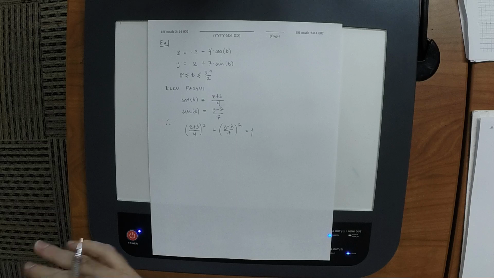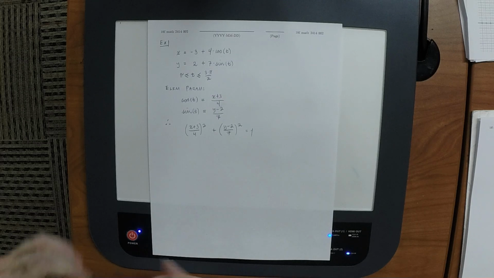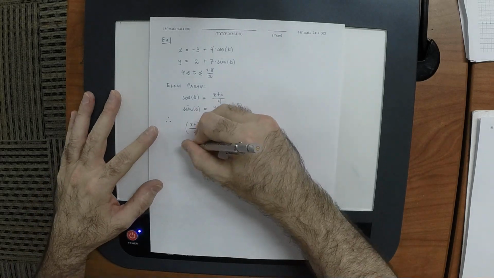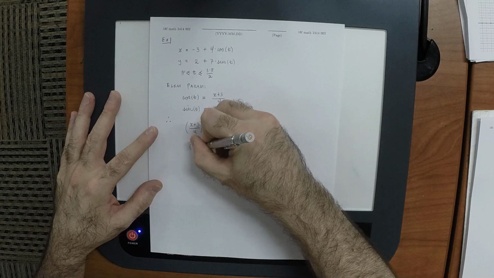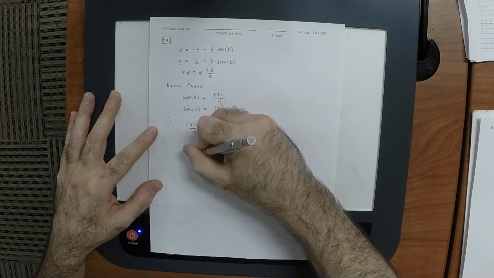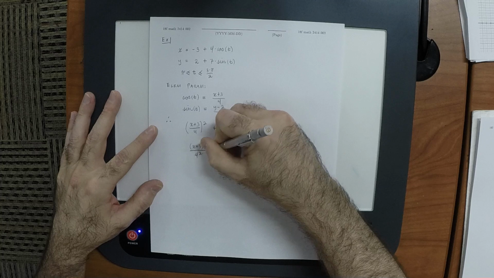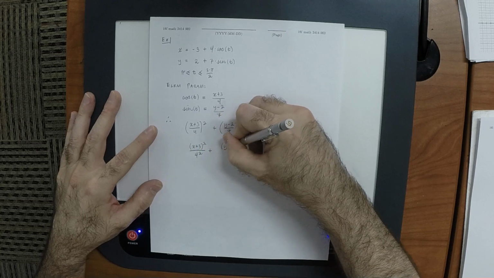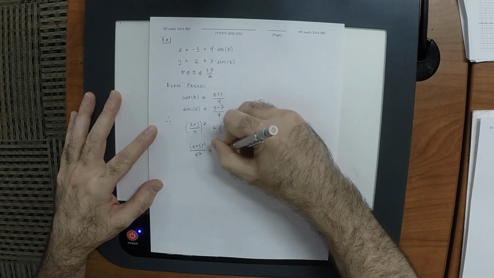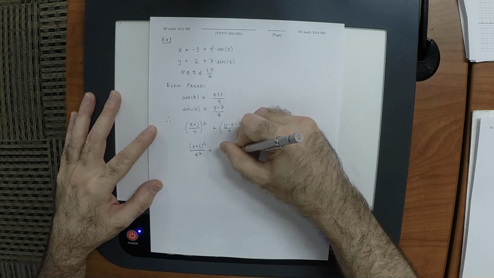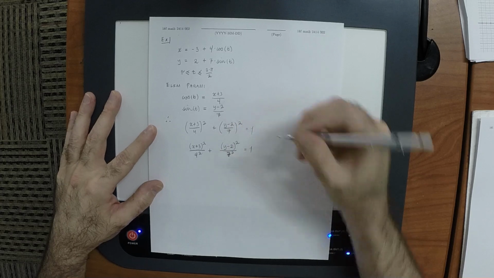Then just a little bit of algebraic work gets us to something like the following: (x plus 3) squared divided by 4 squared, plus (y minus 2) squared divided by 7 squared, is 1.